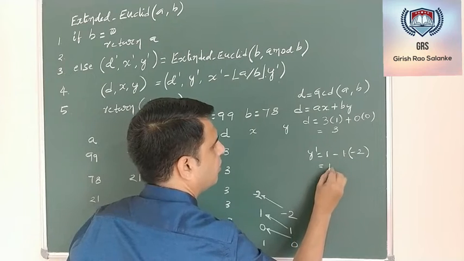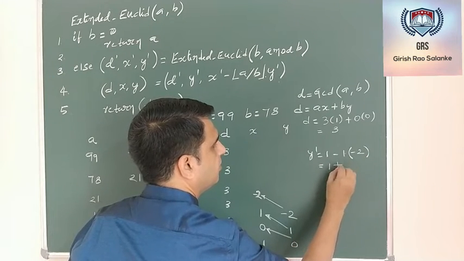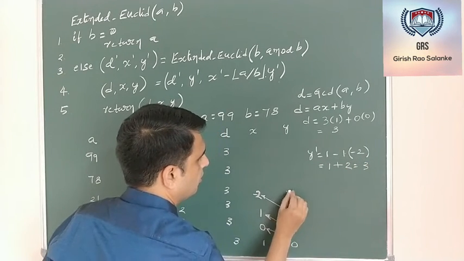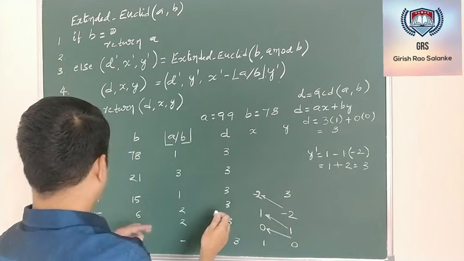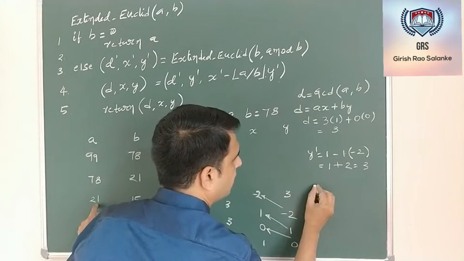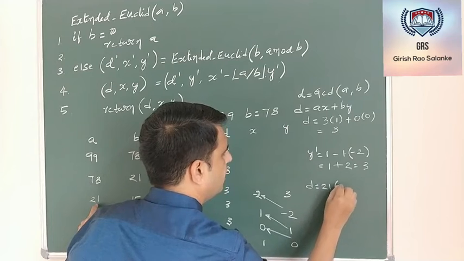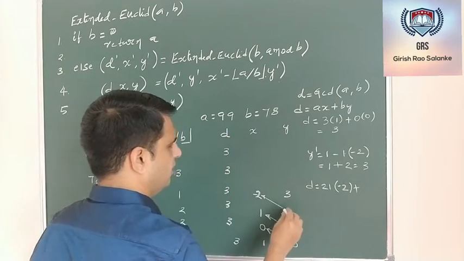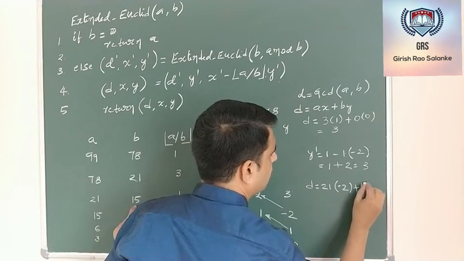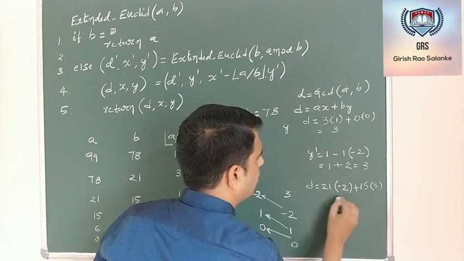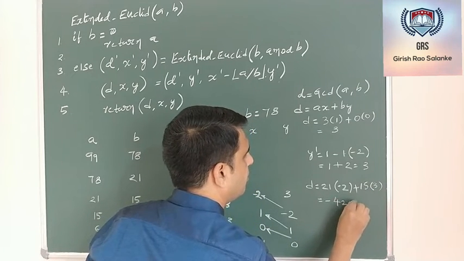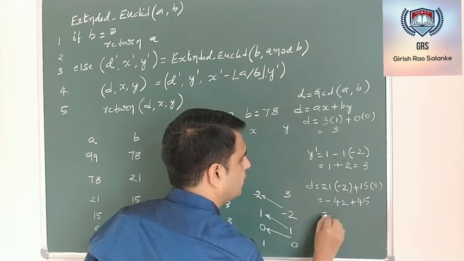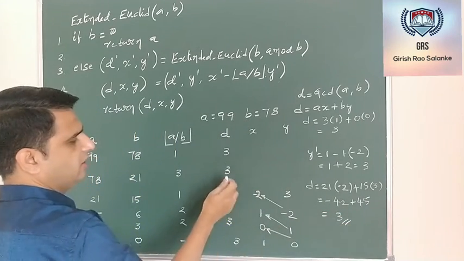So this is 1 minus, minus 2, which is plus 2. So this is 3. Now check for this. What is the value of A? A is 21. That is D is equal to 21 into minus 2 plus 15 into 3. This is minus 42 plus 45, which is 3. I got my D as 3.